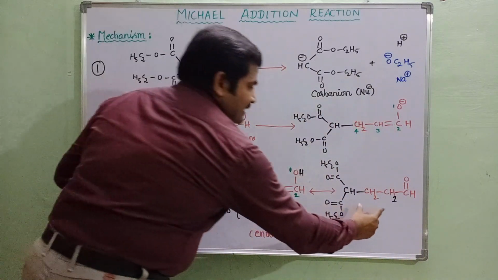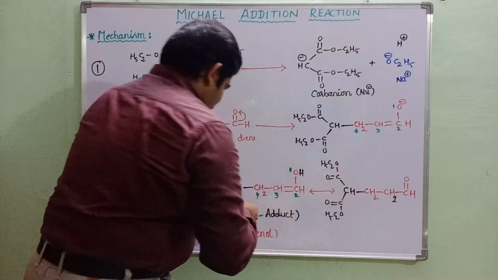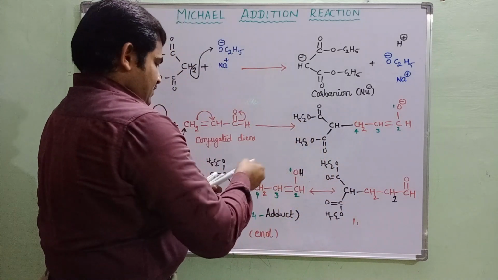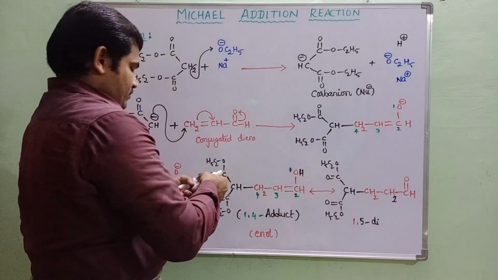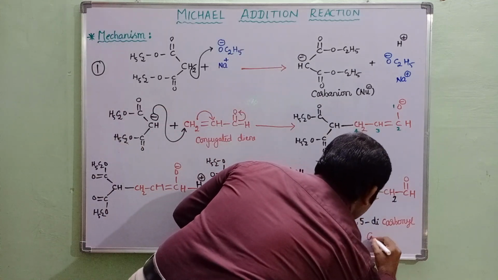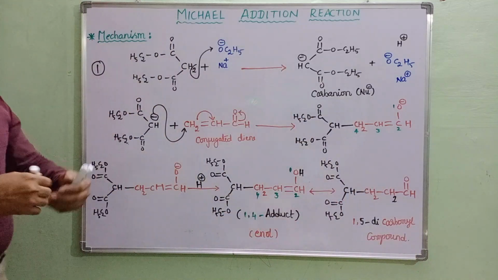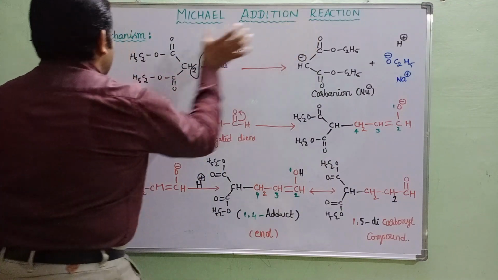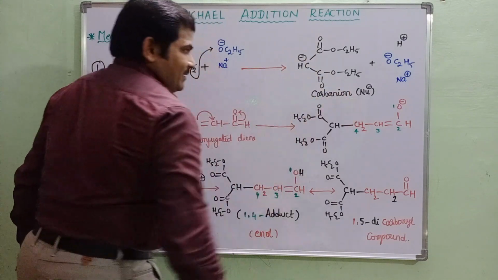Okay, so this is called 1, 2, 3, 4, 5, 1,5 dicarbonyl compound. It's a dicarbonyl compound. This is the mechanism involved in the Michael addition reaction. In the Michael addition reaction, what is the first step? Formation of nucleophile or carbanion.